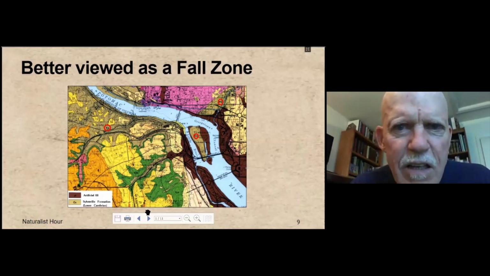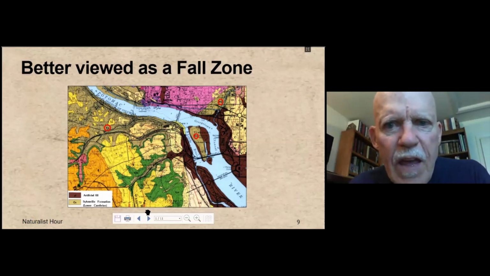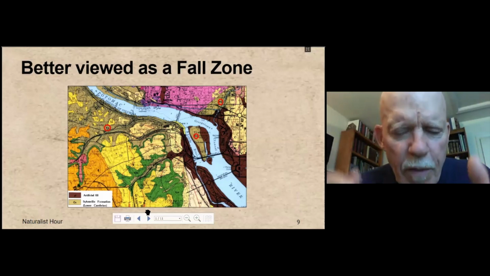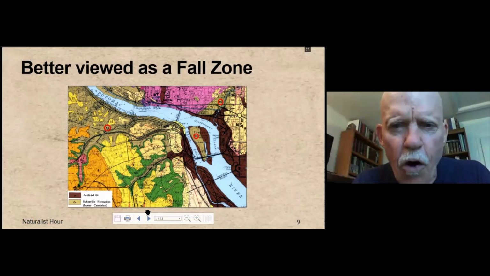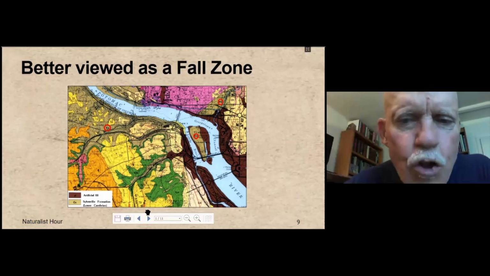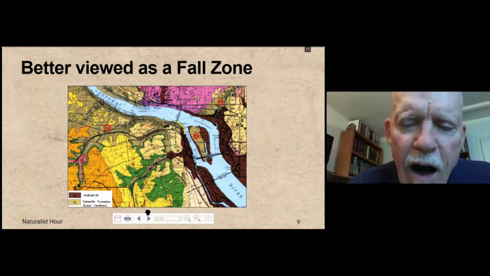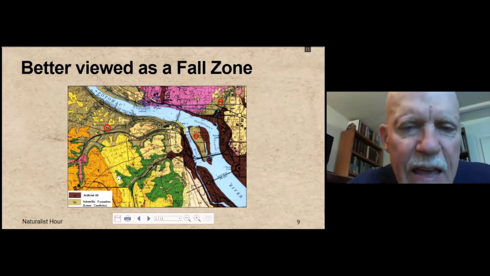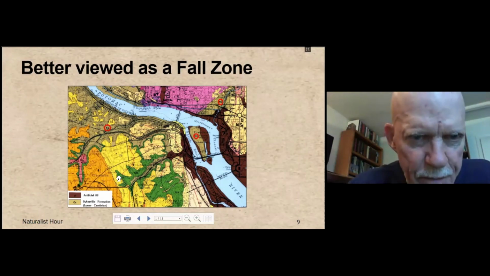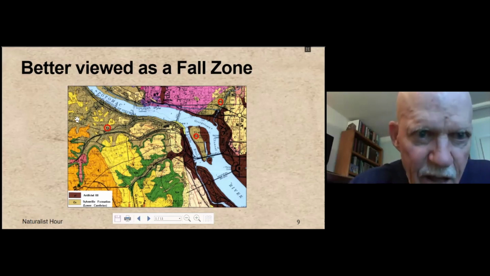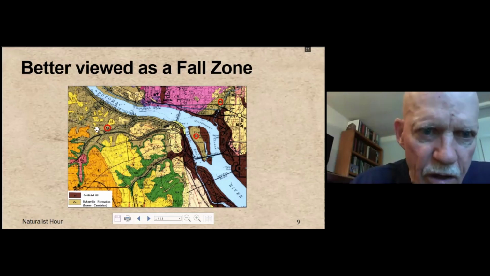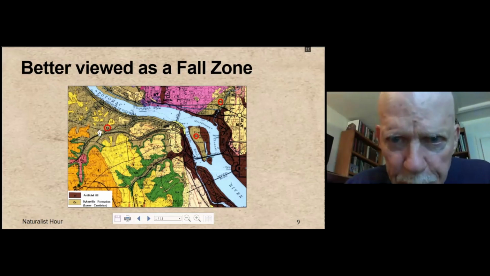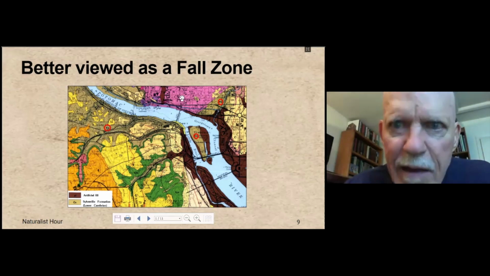The basic characteristic of the fall zone is there's a transition from coastal plain type material, which on this map are these yellows and oranges and greens, versus the Piedmont basement rock, which in this map is the brown here. And then also this pink stuff.